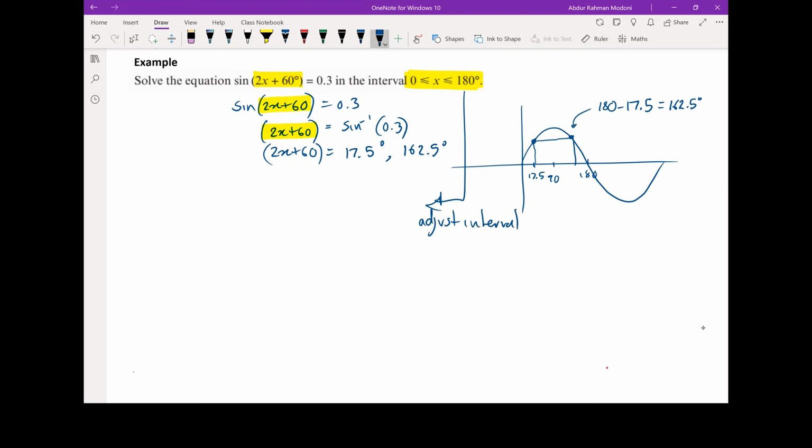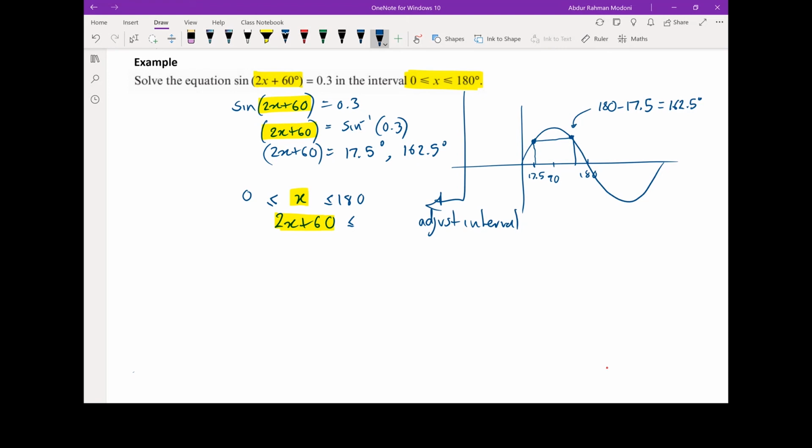And we want to find out what the angle is for 2x plus 60. So if I write down x, the interval first, how do we go from x to 2x plus 60? Well, we need to times by 2 and then add 60. So we do the same thing to the 180 as well. We're going to times that by 2.